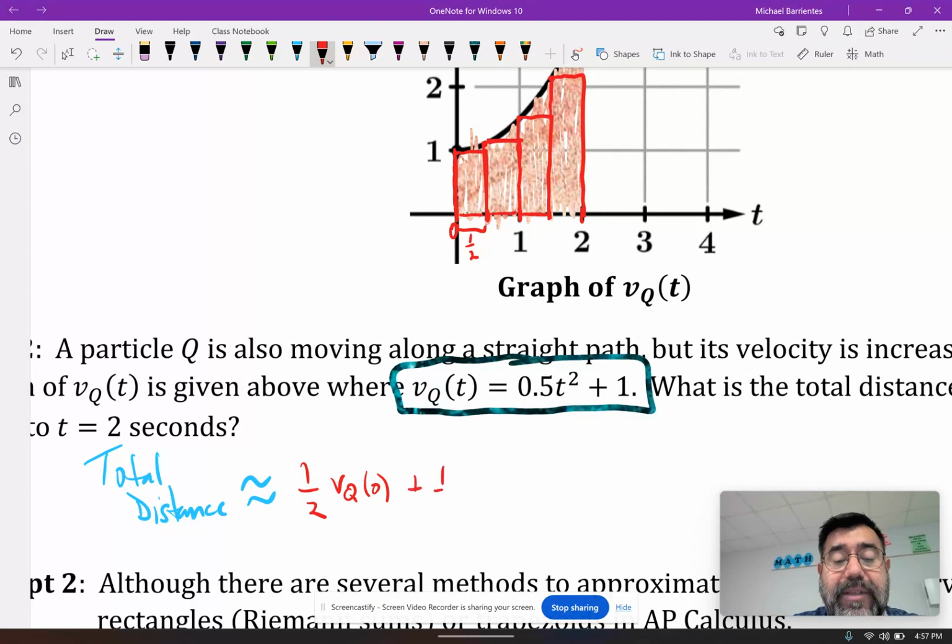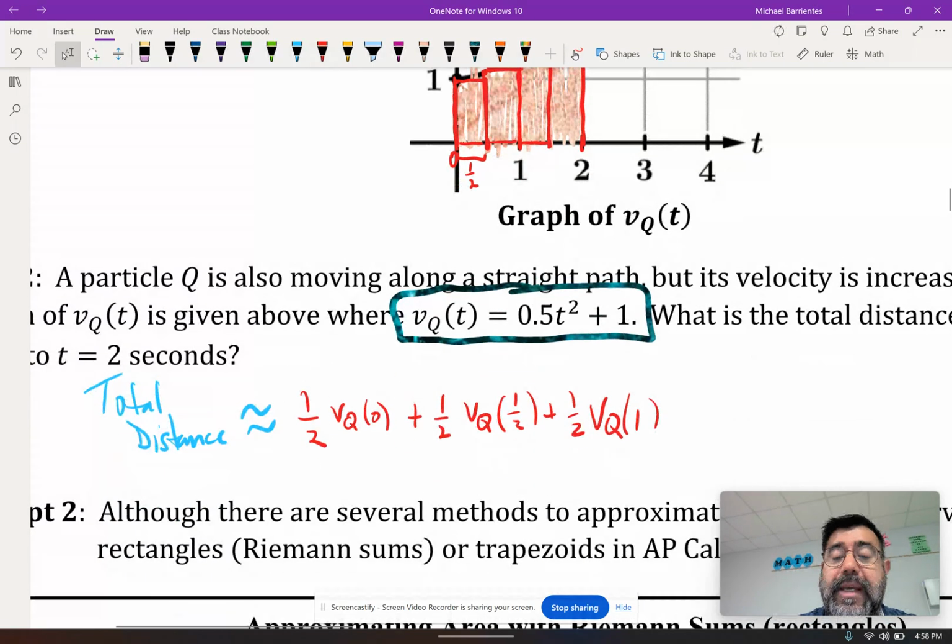Then I add that to 1/2 times v at this x value, which is 1/2, plus 1/2 times v of the next x value, which is 1, and then finally 1/2 times v at 1.5. That would be this one.